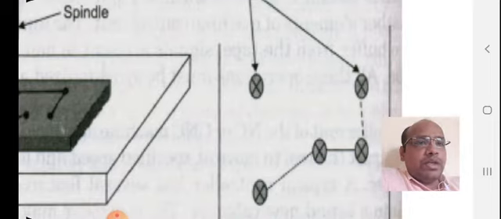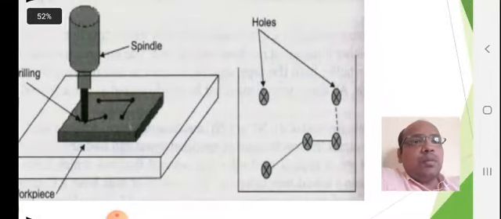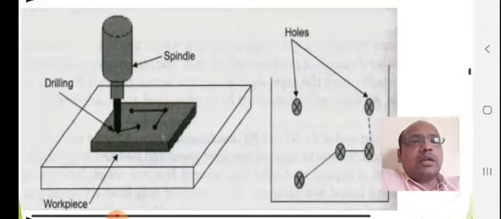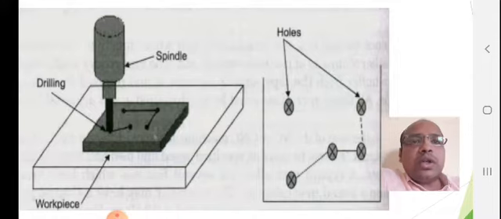Each point has coordinates and the tool moves from one point to another point, to the third, to the fourth, to the fifth. These points are nothing but holes which are obtained by using a drilling tool, and the workpiece being drilled is mounted on the table. So the tool moves from point to point.